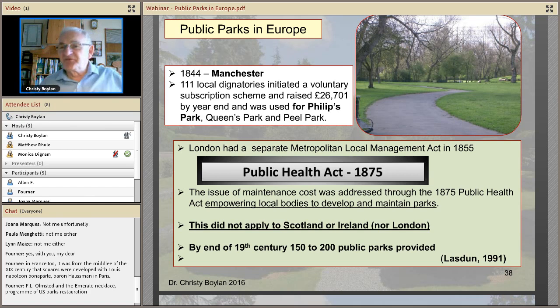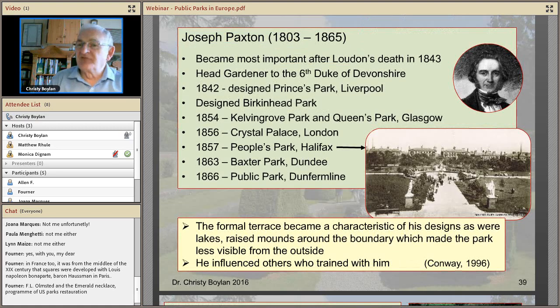Now, this is another park that suffered because of the compulsory competitive tendering that went on in the UK. And when I visited there some time ago, I saw vandalism, seats being broken, and places didn't look very well. So this didn't work out too well.